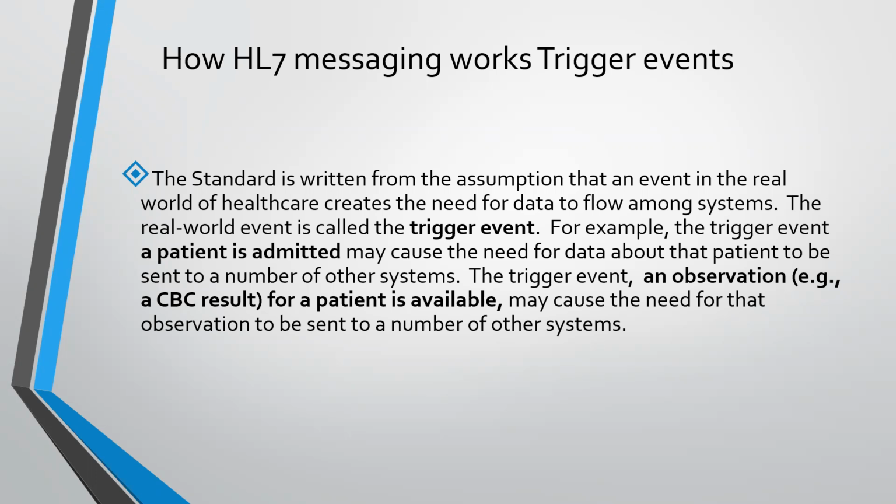The standard definition is an event that happens in real time will generate the necessity for the data to be sent from one system to another. Such events are called trigger events. So HL7 purely works on trigger events. If there is an event that is happening and it has to send the data, it is called a trigger event.